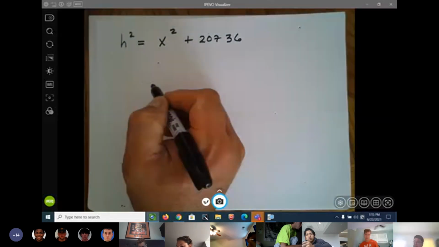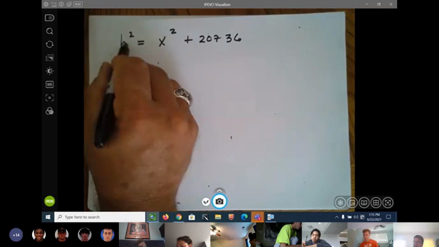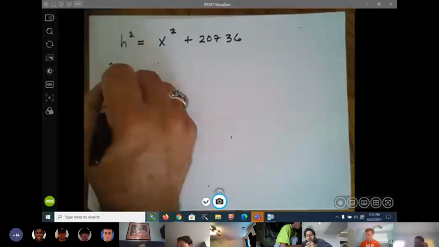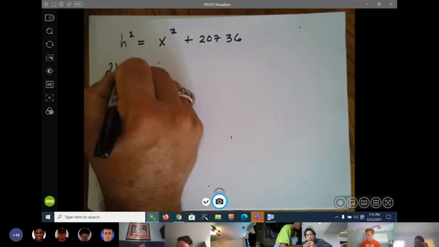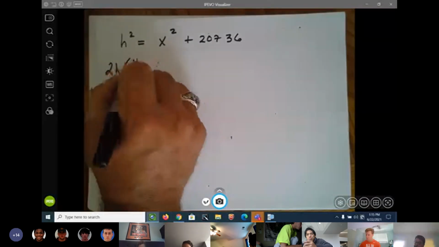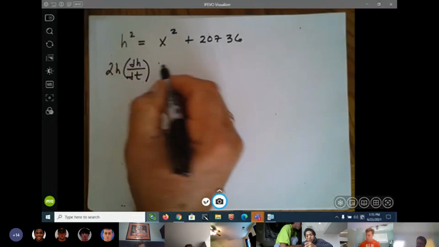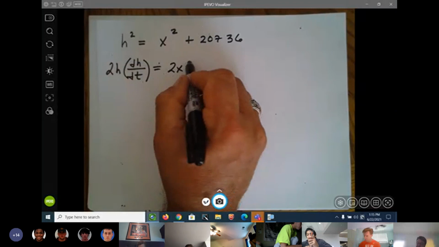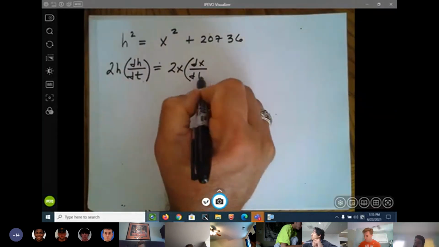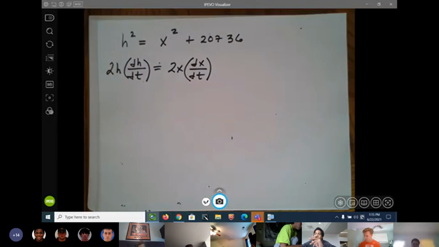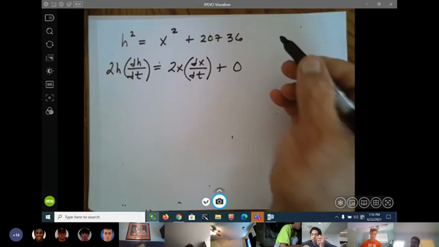But this is going to be 2h dh/dt is equal to 2x dx/dt plus 0.